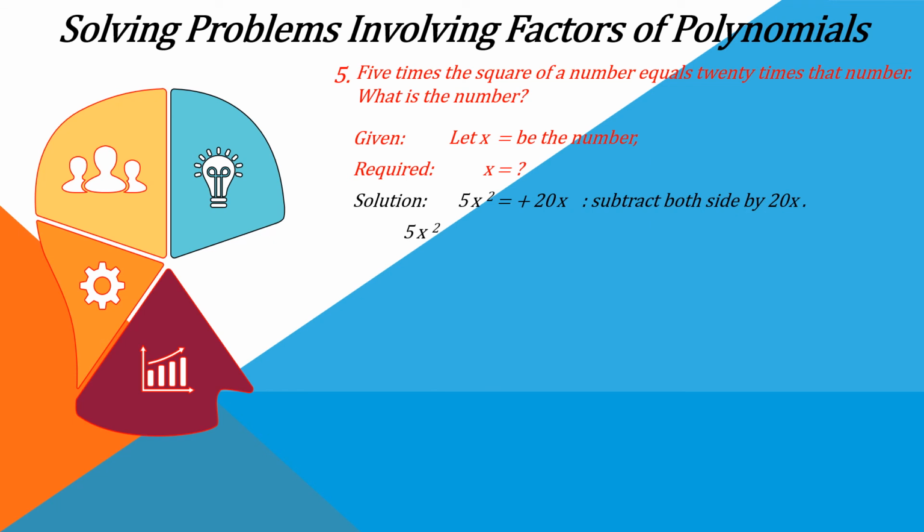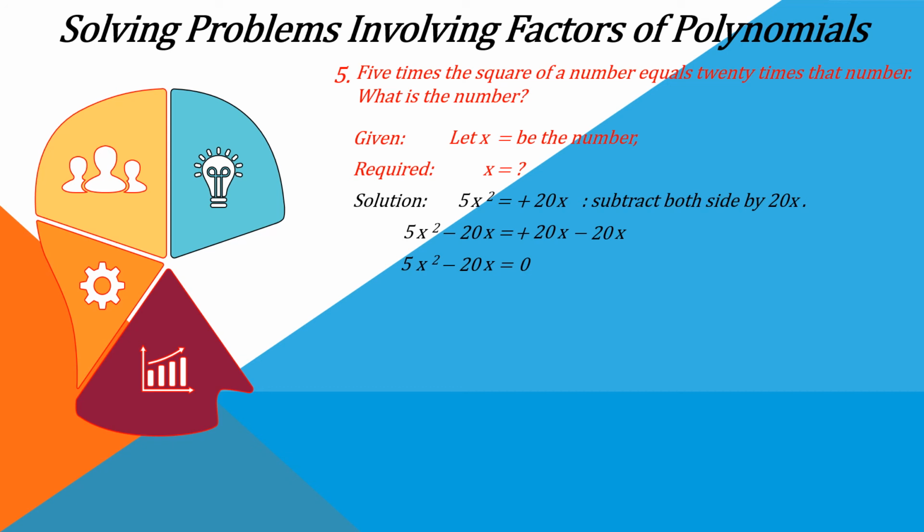Again, subtract both sides by 20x. 5x squared minus 20x is equal to 20x minus 20x. Cancel 20x minus 20x on the right side of the equation. We have now 5x squared minus 20x is equal to 0.